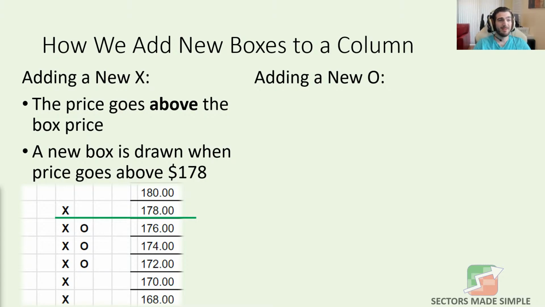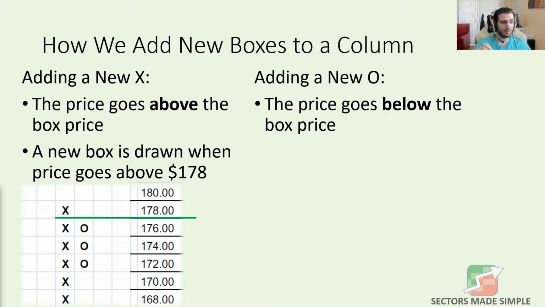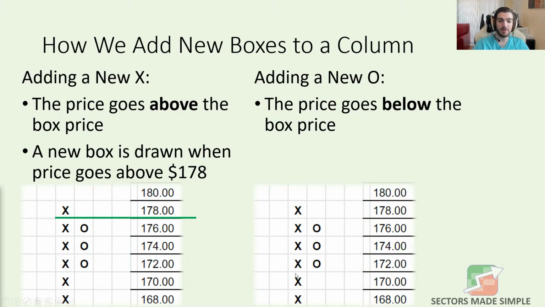Now, that is when we're in a column of X's and we want to add another X on top. O's are slightly different because we don't need the price to go into that box. Instead, we need the price to go below that box. Same example again.